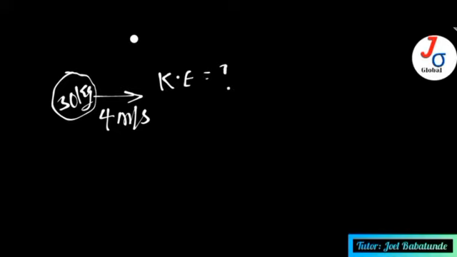As simple as this question, you can still get it wrong if you don't know the formula of kinetic energy. Now we have looked at that in the previous video, the formula for kinetic energy is half mv squared, or mv squared over 2. Now we can just input these parameters into the formula and we are done. What is the mass?